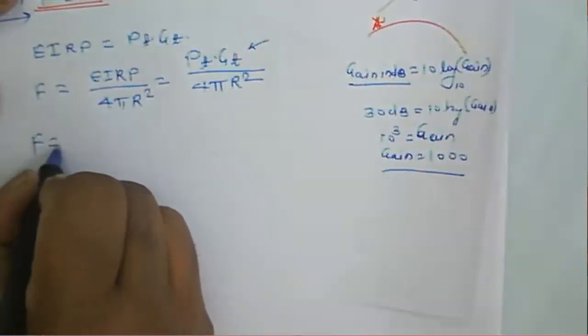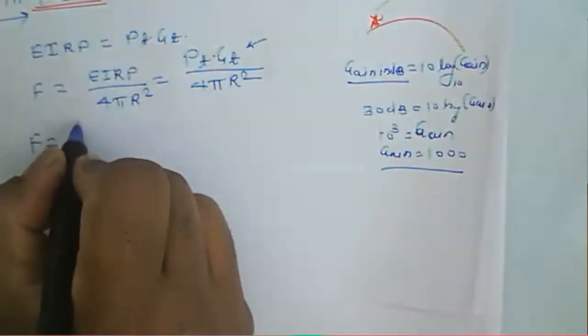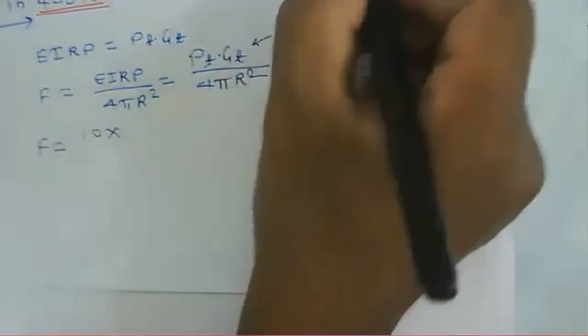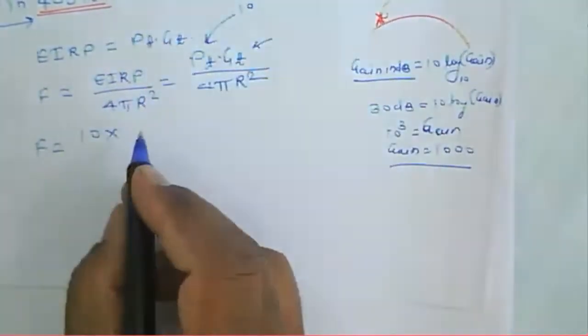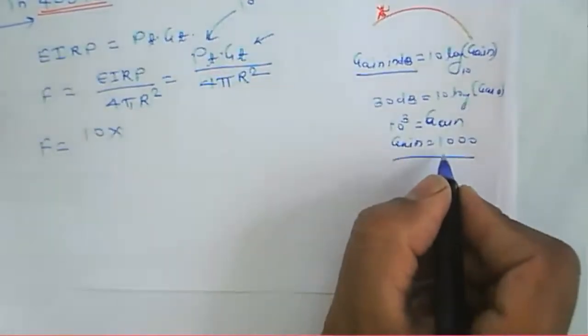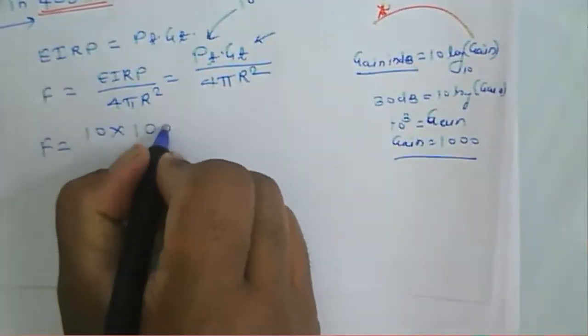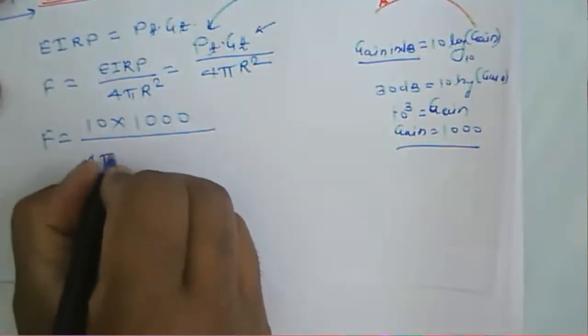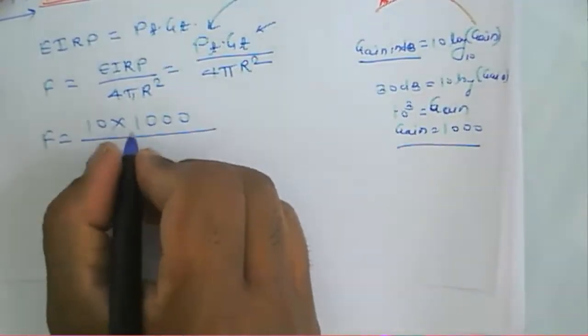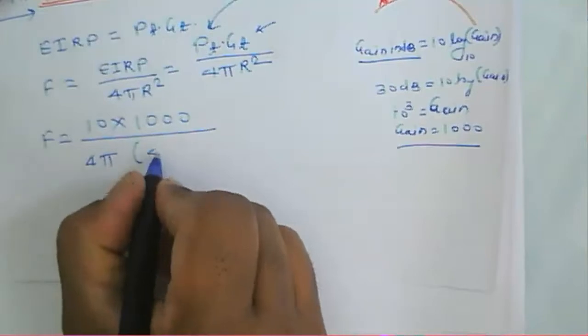So power flux density, we can find out. PT is about 10 watt. Here we have 10 watt of power. And GT that we have calculated, that is about 1000 here. And then we have the distance of the orbit, about 400 kilometer.